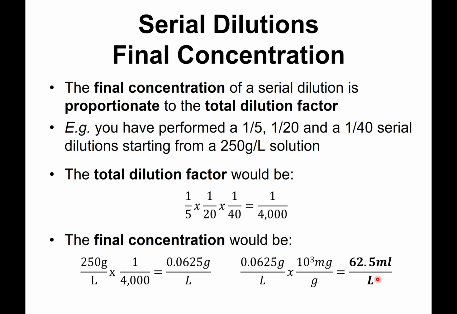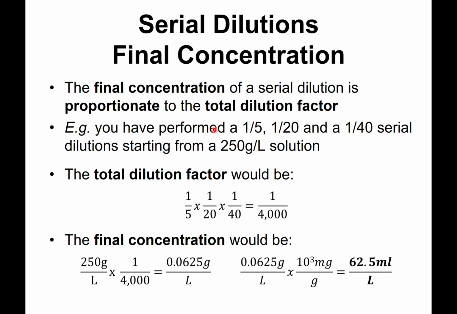So, for example, you have performed these 3 serial dilutions, a 1 in 5, 1 in 20, and 1 in 40, right? Starting from a stock solution at 250 grams per liter. So now the total dilution factor, as we said before, is the product of these 3 dilution factors. So it's 1 in 5 times 1 in 20 times 1 in 40, which turns out to be 1 in 4,000.